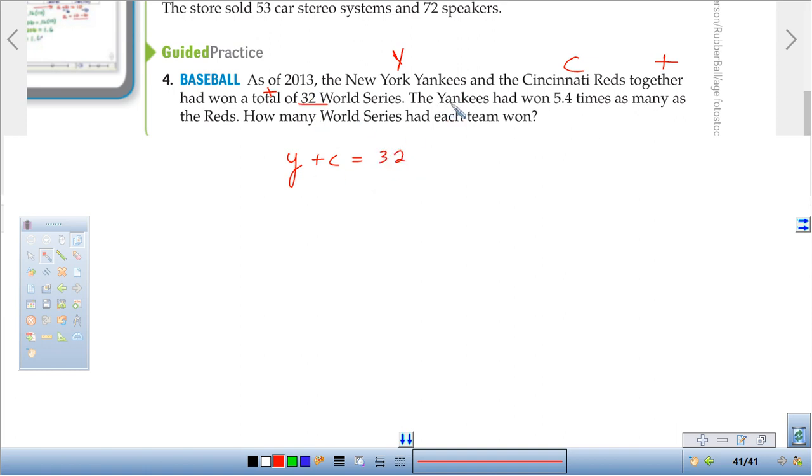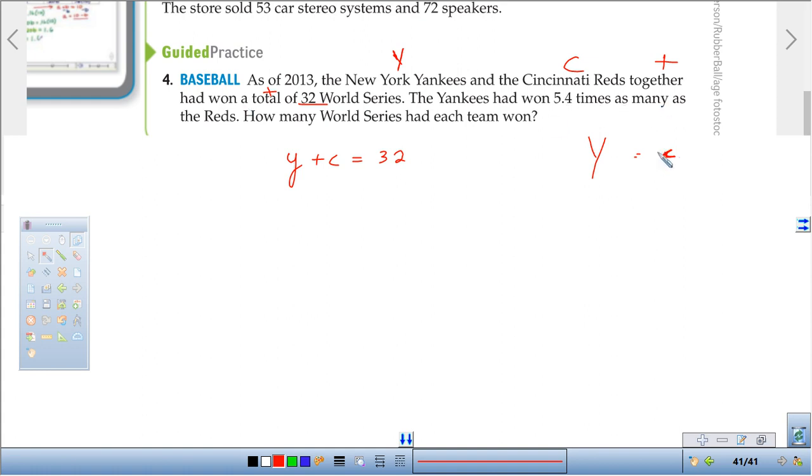The next one's about wins. Let's pay attention to this. The Yankees had won 5.4 times as many as the Reds. So I like to do this in my head. I know the Yankees is way bigger than the Cincinnati Reds. You see that? They had won a lot more than that one. How am I going to make this one equal? 5.4 times as many as the Reds.